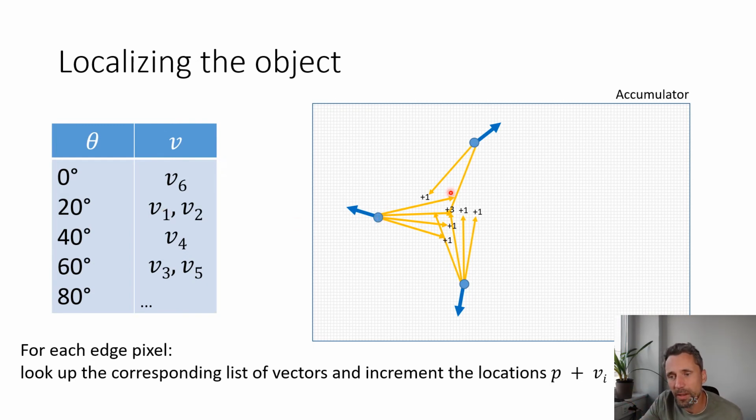So you add these vectors onto the location of the edge pixel, and then you end up incrementing accumulator positions for each of these entries in the list. You increment it by 1, and then you see at some positions these vectors overlap onto the same accumulator position, and that's where you increment not just once, but as many times as it overlaps. So, for example, 3 times, like here.